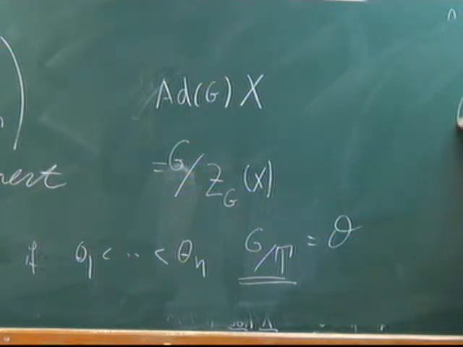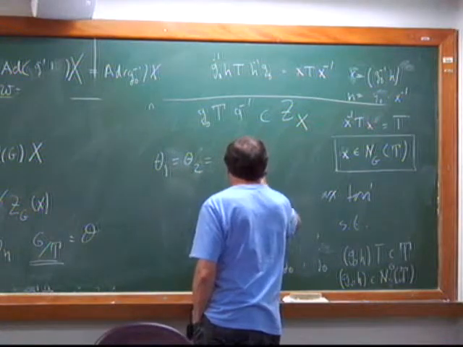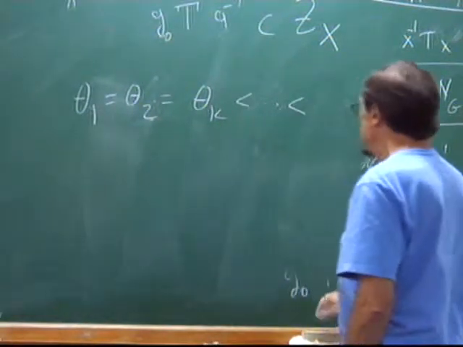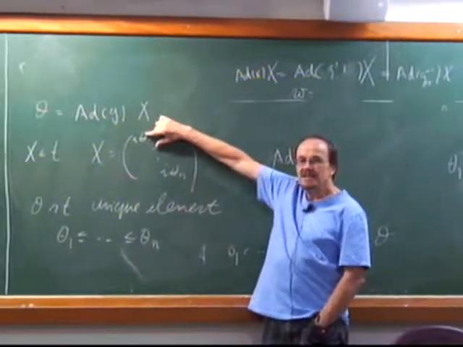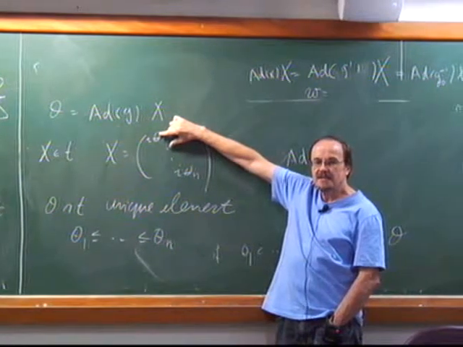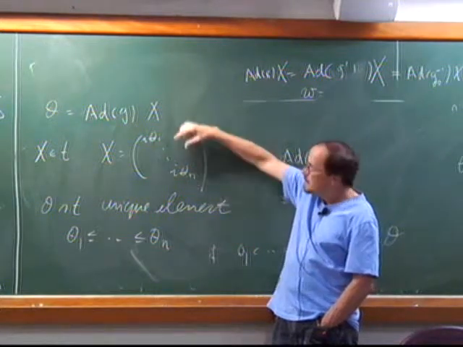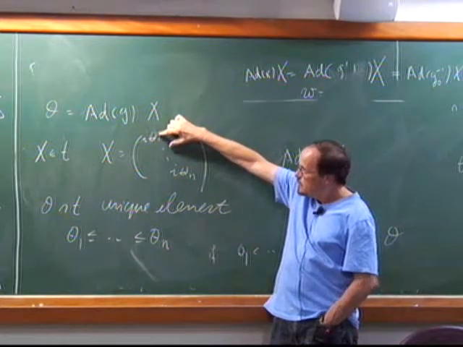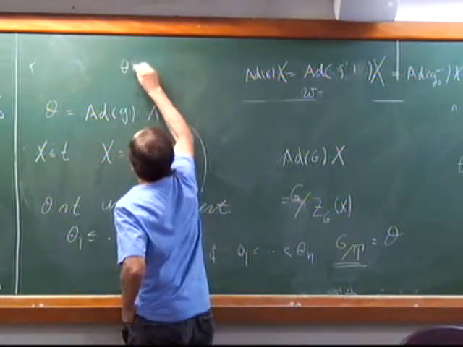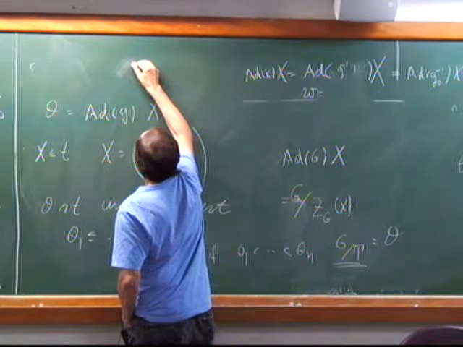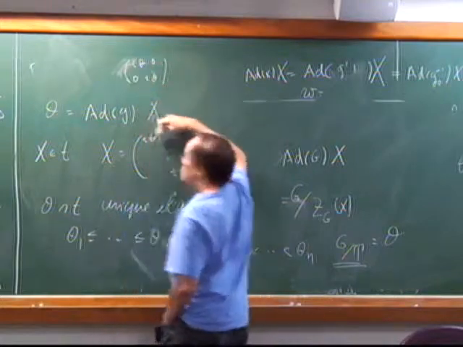If it's not, what happens when θ_1 is equal to θ_2, say equal up to θ_k? What happens if some are equal? Let's say the first two are equal and all the other ones are distinct. What's the normalizer then? Think of the first two elements. Then I have the block with iθ on the diagonal and 0 off the diagonal.